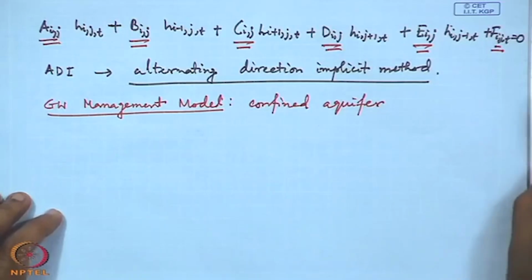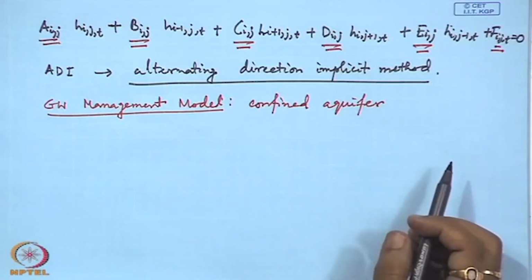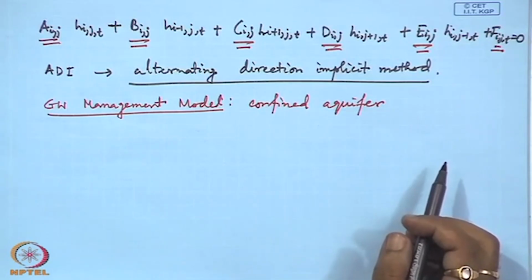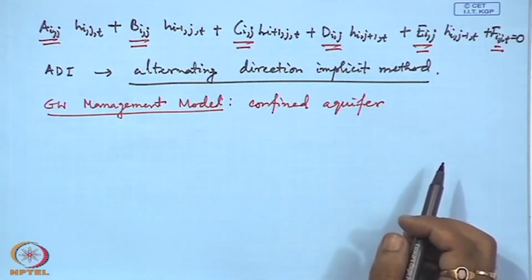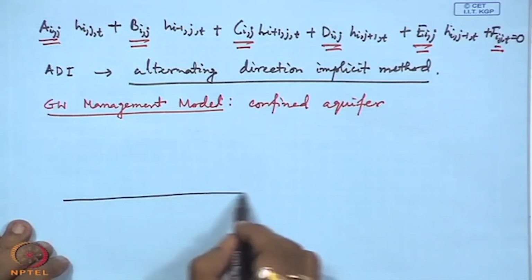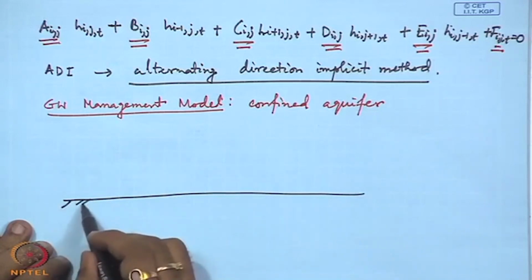So, in case of confined aquifer, let us say that our configuration is like this. This is the base or lower portion, then we have in between the impermeable part.